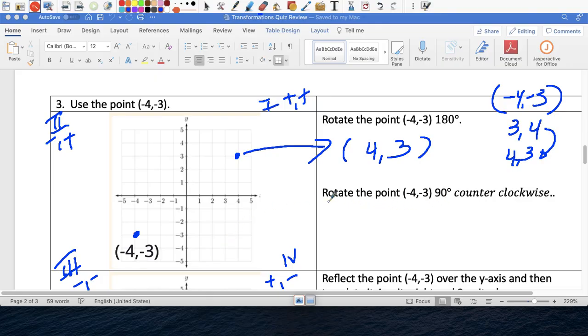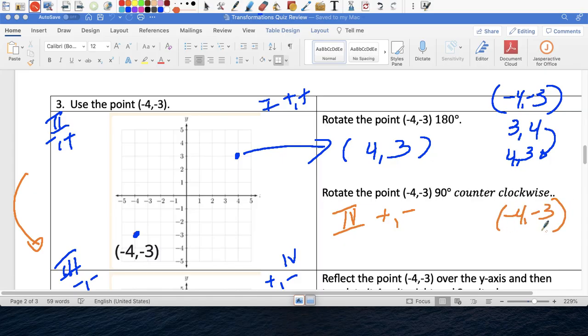What if we rotated the point -4, -3 counterclockwise? So let me change colors. Counterclockwise means we go in this direction. So -4, -3 is going to travel one quadrant over. It's going to go from quadrant 3 to quadrant 4. So it's going to land over here in quadrant 4, where it's going to be positive, negative. So what happens to -4, -3?